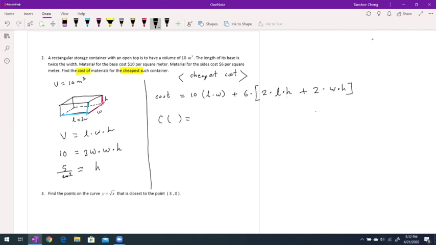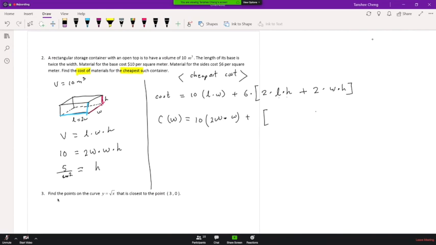So now I can rewrite this cost function in terms of the width based off of the given information. That will be 10 times 2 times the width times the width plus 6 times, and I'm going to write it like this, 12 times because I factor out 2.